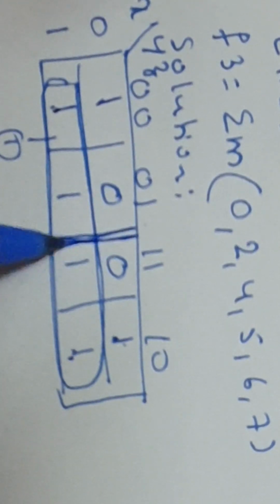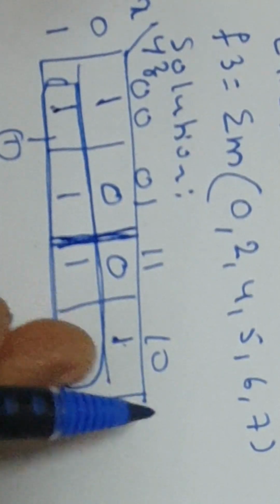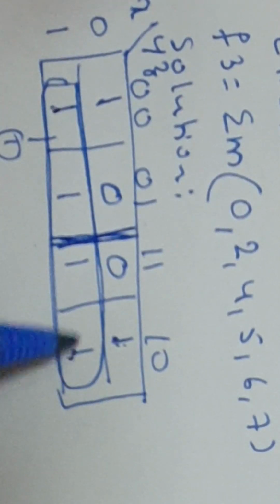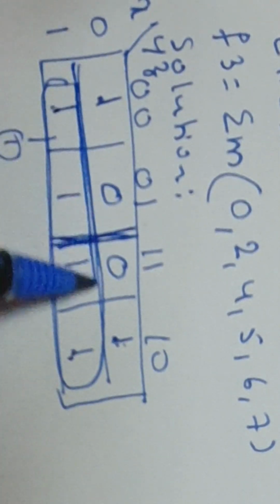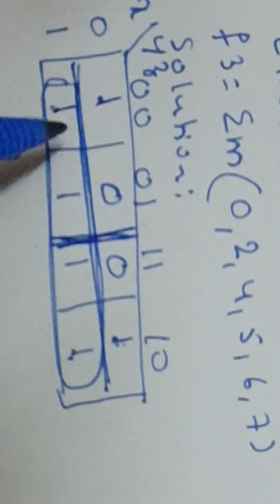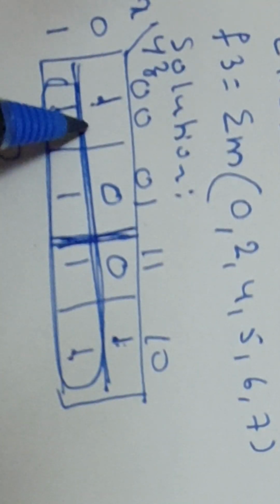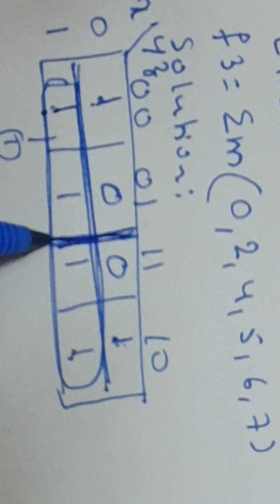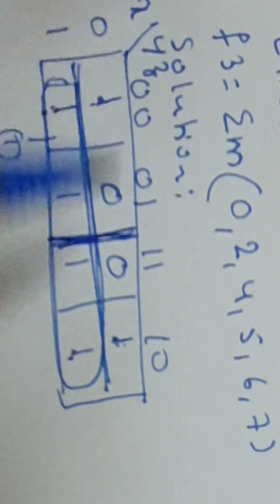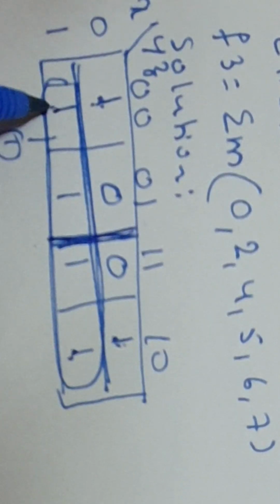Otherwise, on this line, if you take a fold, these two fall on this. Again on this line, if you take a fold, all fall on one square. Hence, I repeat, on this line, if you fold this, these two ones fall on this.